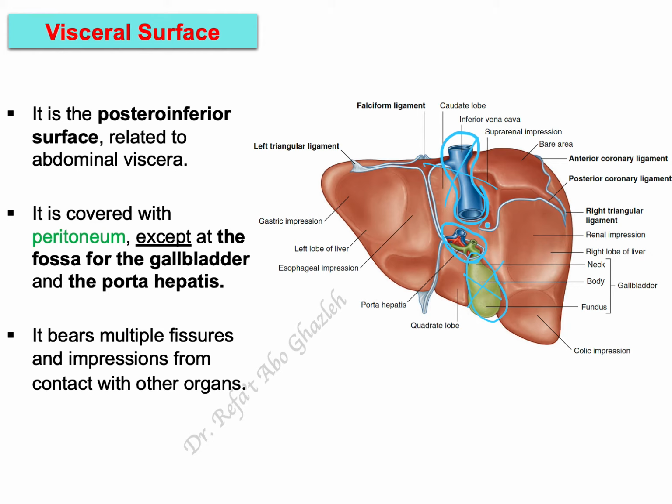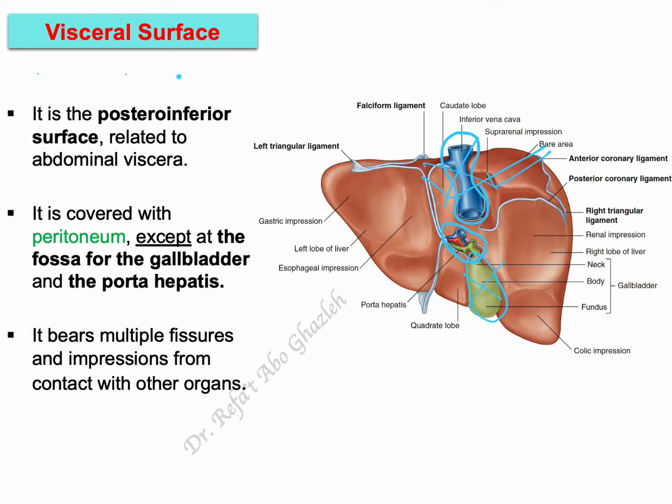Now, just to keep in mind that the inferior vena cava is located posteriorly, right, which is related mostly to the diaphragmatic surface of the liver.